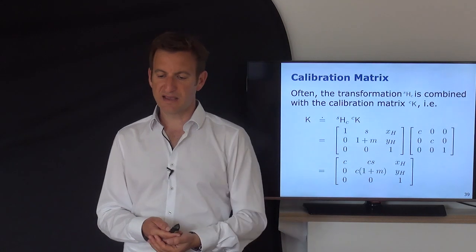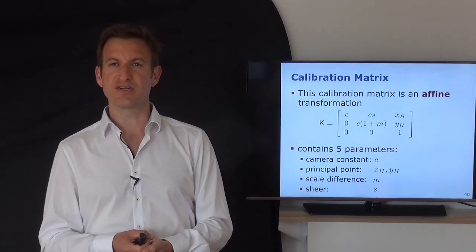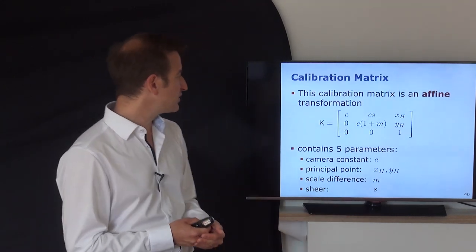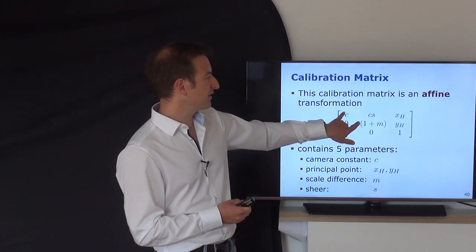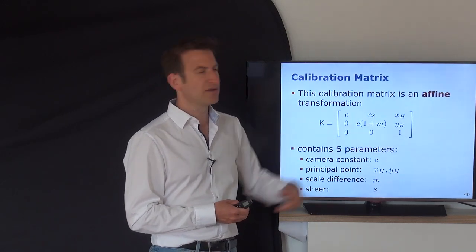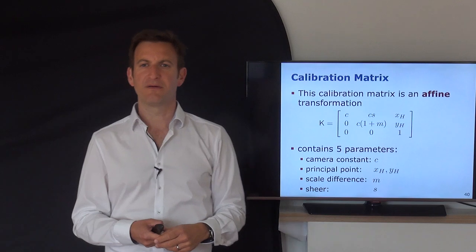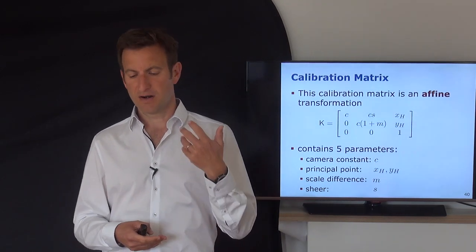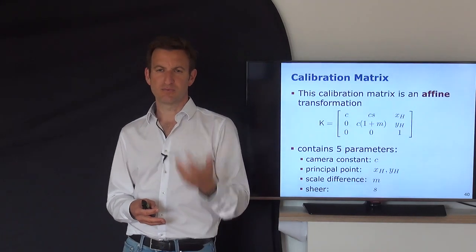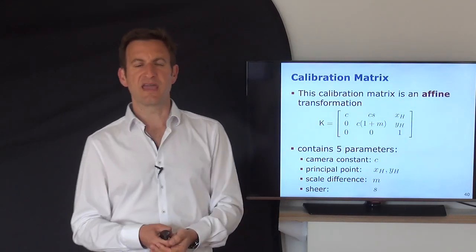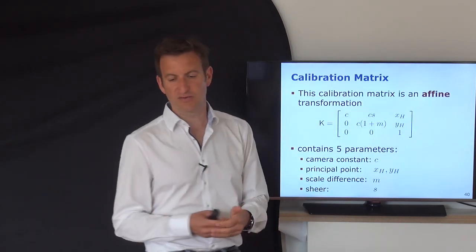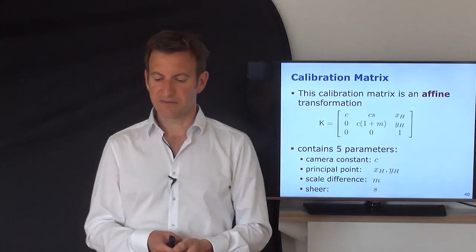This brings us in the end to what is called the calibration matrix for an affine camera, and it's an affine transformation, and it consists of 5 parameters: the camera constant, the shear, the scale difference, and the x and y coordinate of the principal point. And these are typically the 5 traditional parameters that are used, not taking into account nonlinear errors. And this is the standard calibration matrix for realizing this affine transformation.